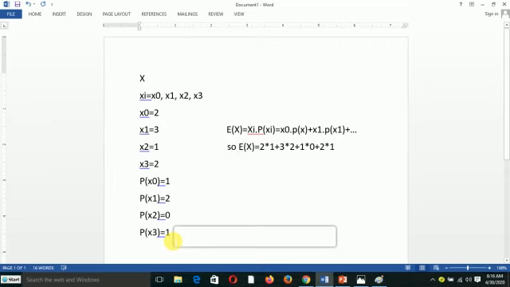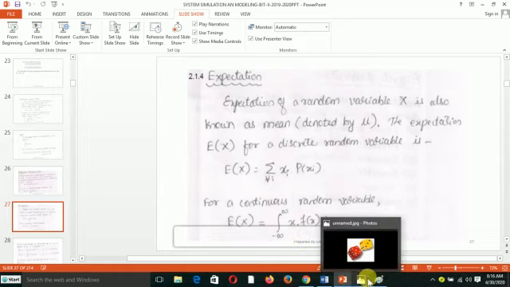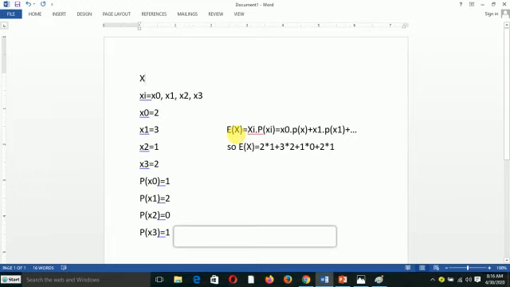So using this formula, xi multiplied by pxi, the summation of all of them, this expectation will be equal to x0 multiplied by px0, and x1 multiplied by px1, and x2 multiplied by px2 plus x3 multiplied by px3.